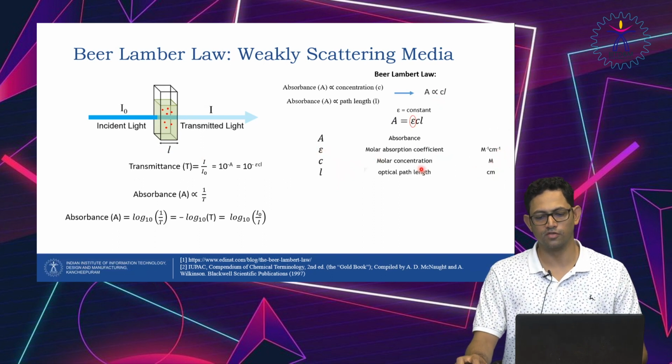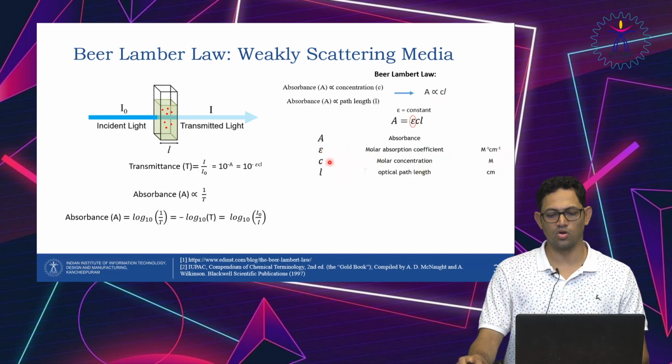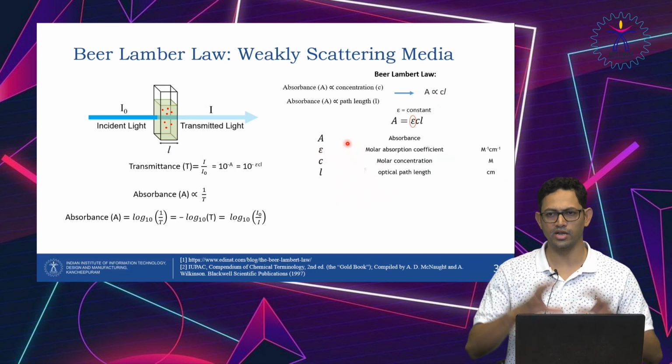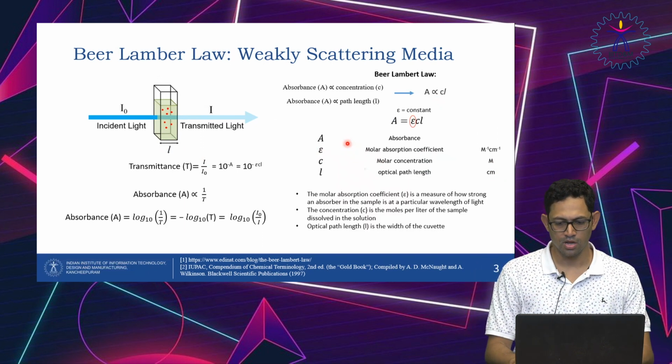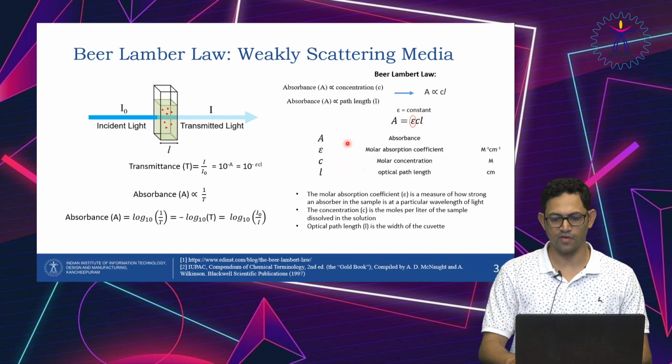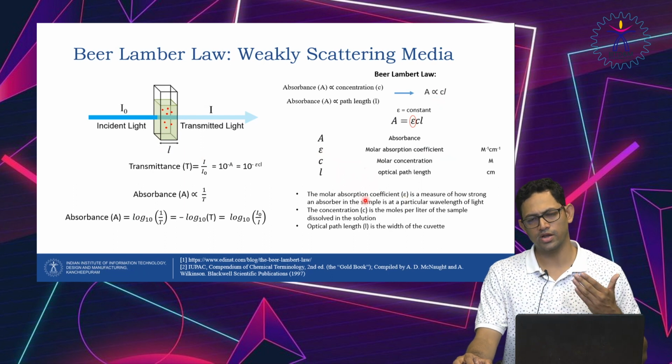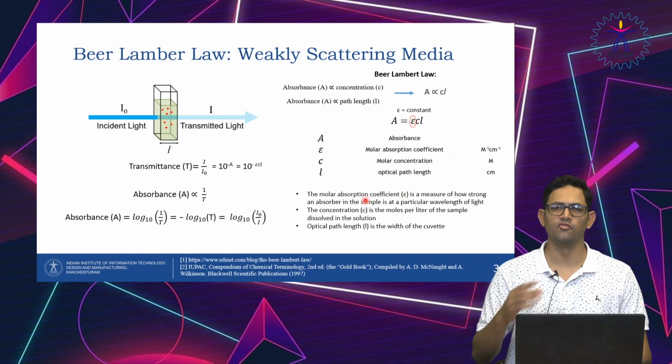So you have the molar absorption coefficient, the molar concentration, and then the optical path length. All these things are directly proportional to the absorption. I am just defining what each of these is. So how do you define the molar absorption coefficient? The first thing that you should know is that the molar absorption coefficient is a function of wavelength.